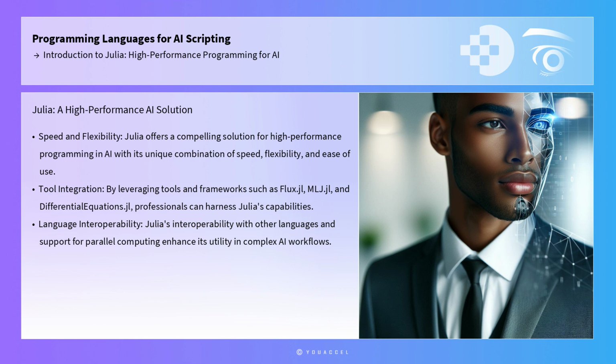Moreover, Julia's interoperability with other languages and support for parallel computing further enhance its utility in complex AI workflows. As the demand for high-performance AI solutions continues to grow, Julia stands out as a powerful and versatile tool that empowers professionals to develop efficient and effective AI applications.